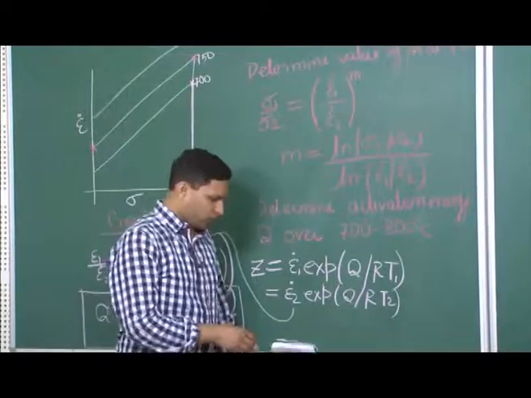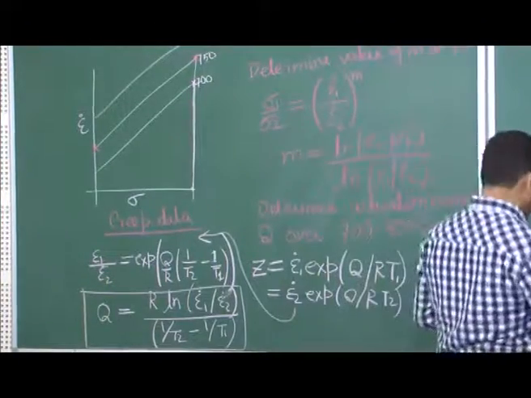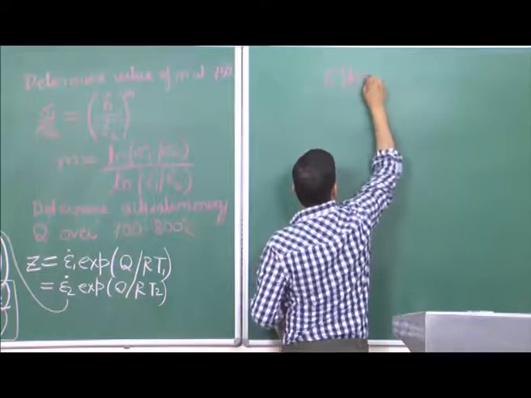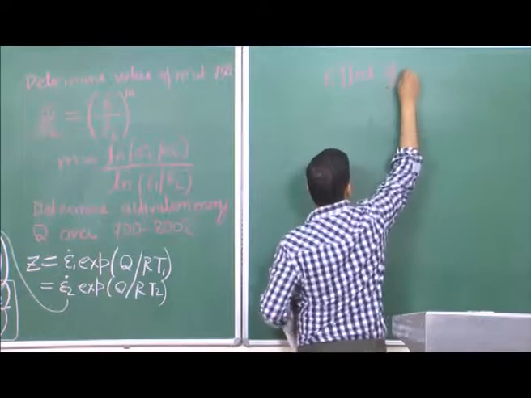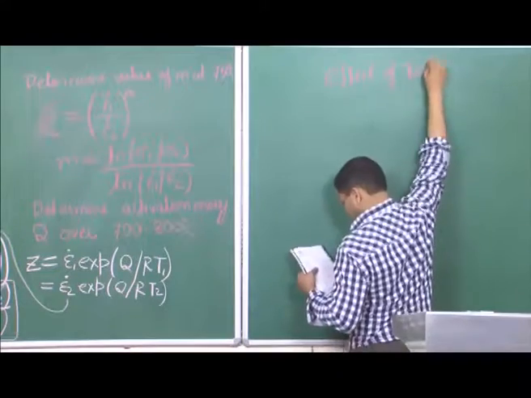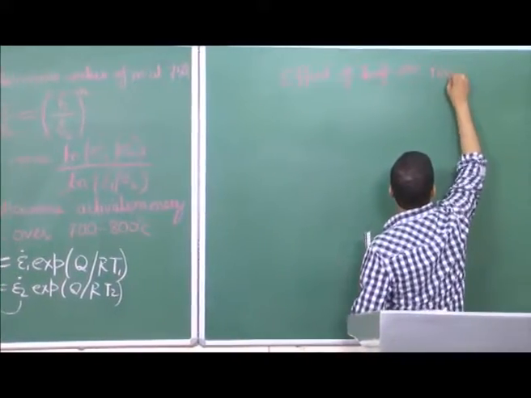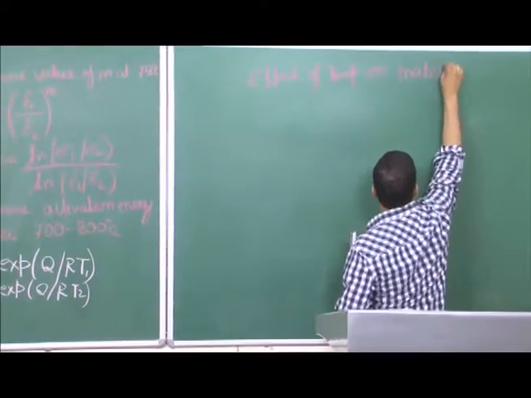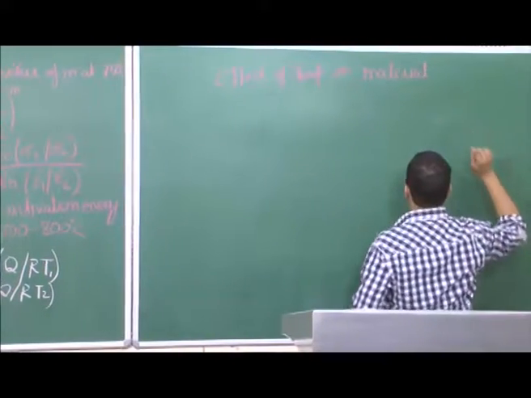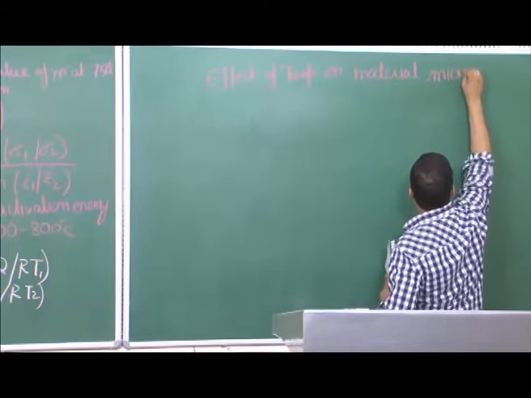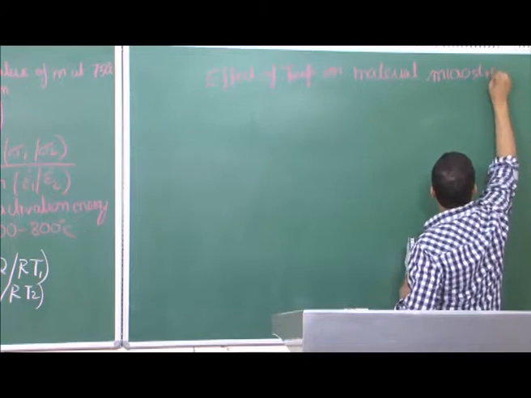So, next what we will see is the effect of temperature on material. If some of you have not been exposed to the term microstructure, let me briefly describe it.